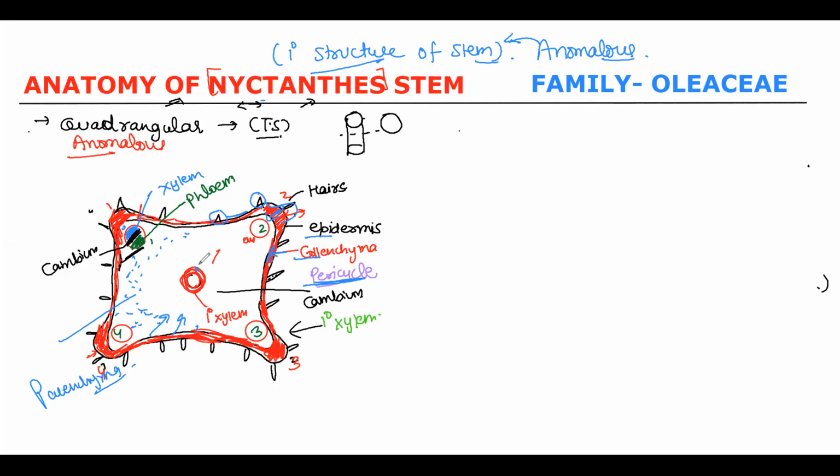Earlier the cambium will be there, so now the cambium is here. In between them is the secondary xylem, this one. This would be the secondary xylem. This black will be cambium. This is the cambium now.